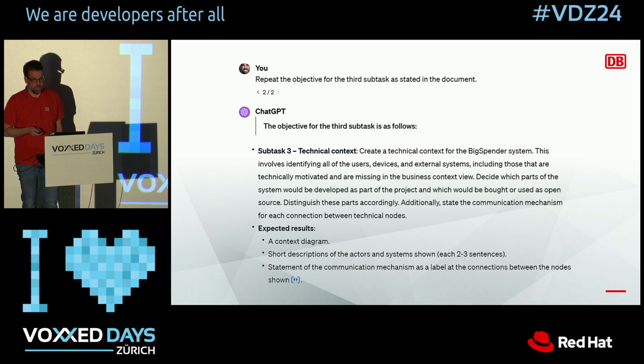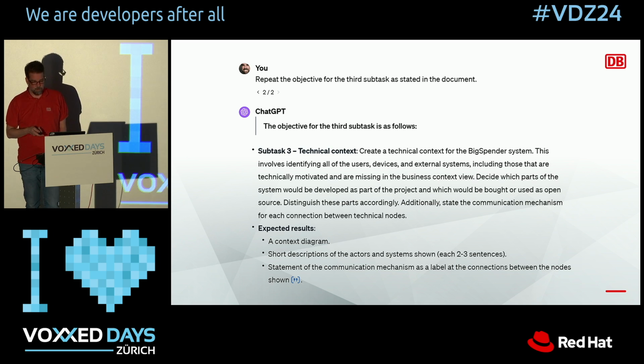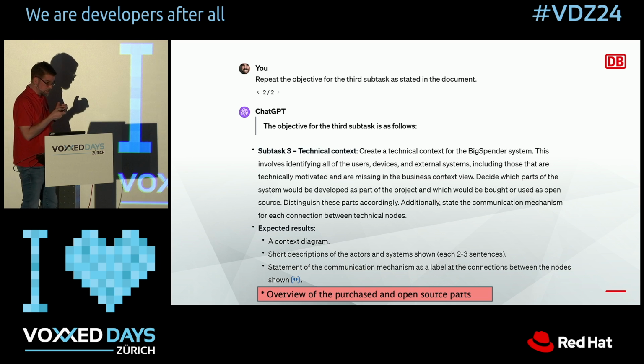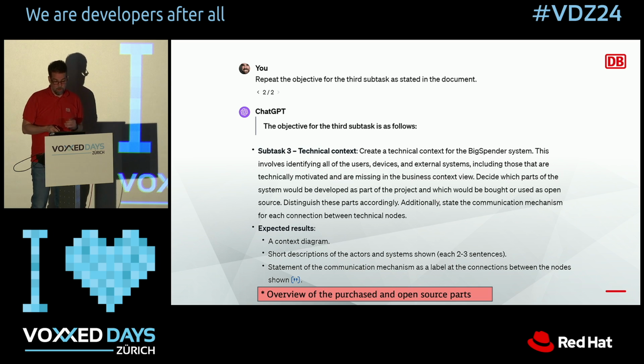Okay, third subtask, technical context. In the original task, it's stated that you have to create a technical context, which is defined as a black box. And in the task, it also states you should create an overview of purchased and open source parts.